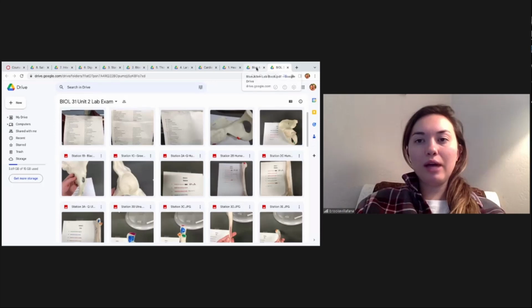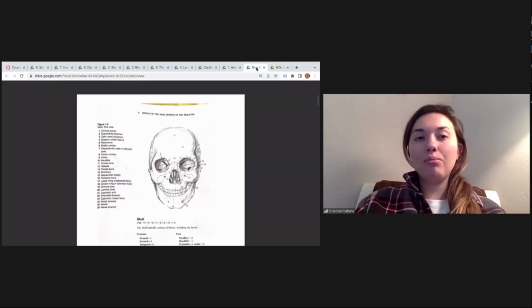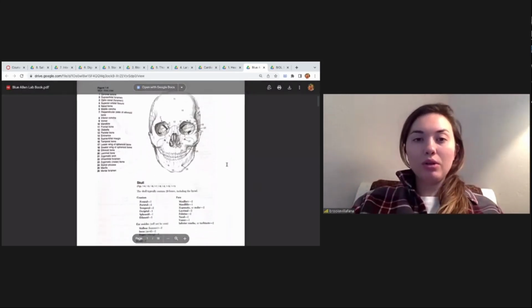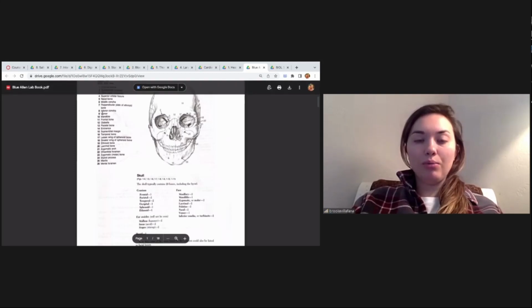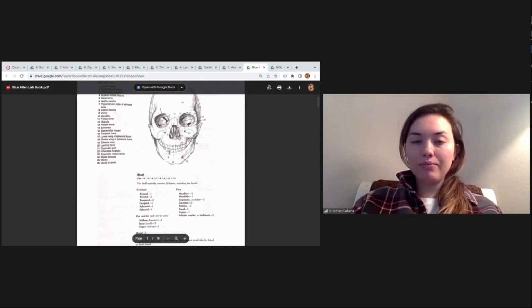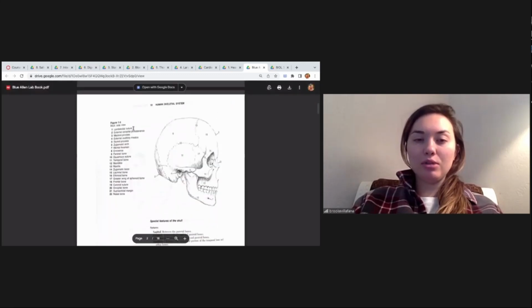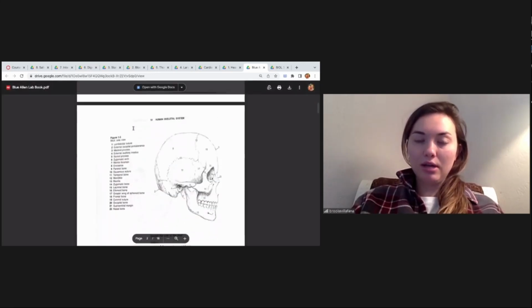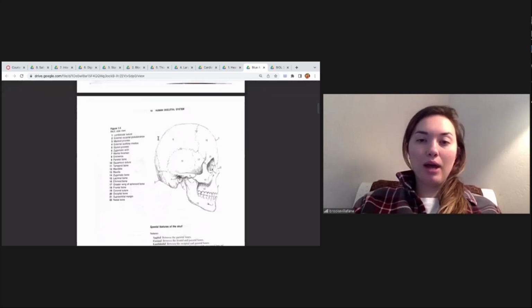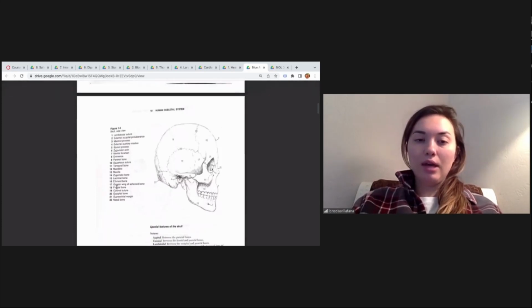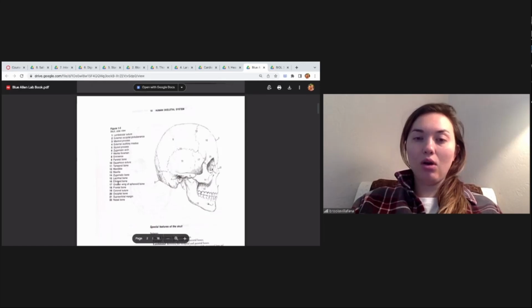So for the lab exam, remember that the main portion of your lab exam is going to be on bones, right? So you're going to be tested on bones. When we look at that, you're going to be using your Blue Allen lab book. Just to clarify, I know most of the people in SI probably aren't confused about this, but in case anything was lost in translation, you are supposed to memorize the numbers on the bone and then the names here on the columns.